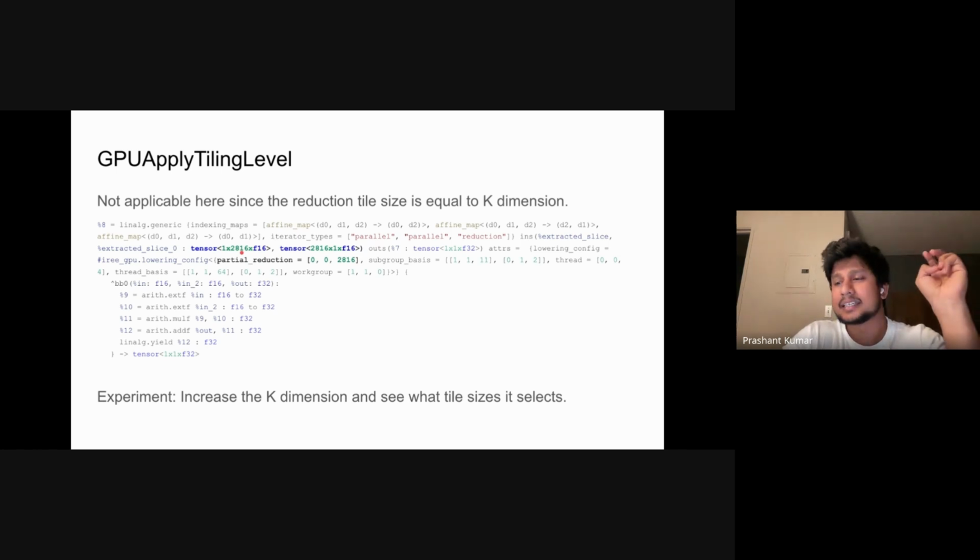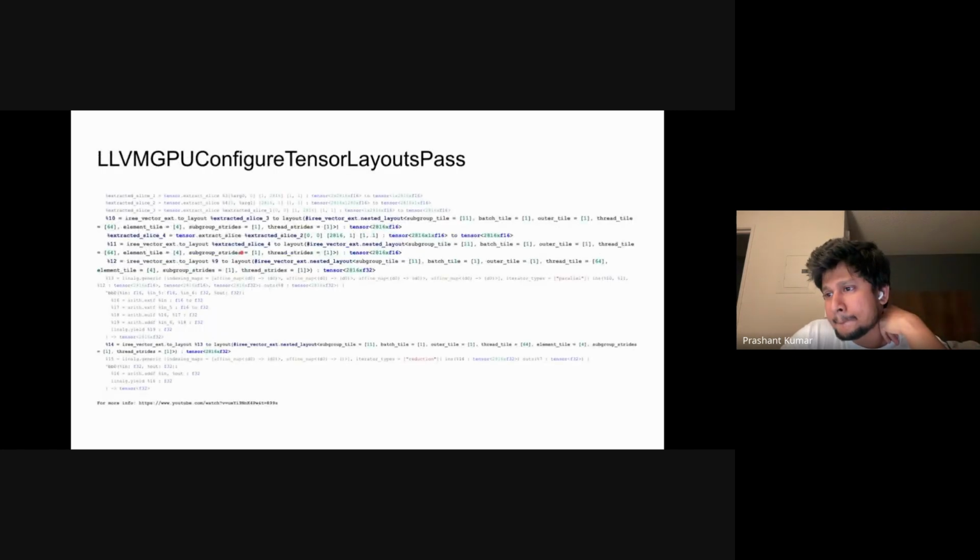But I'd like you to play with this: increase the K dimension and see what tile sizes it will select and how it tiles. Experiment with it. I'll go over to the next pass.